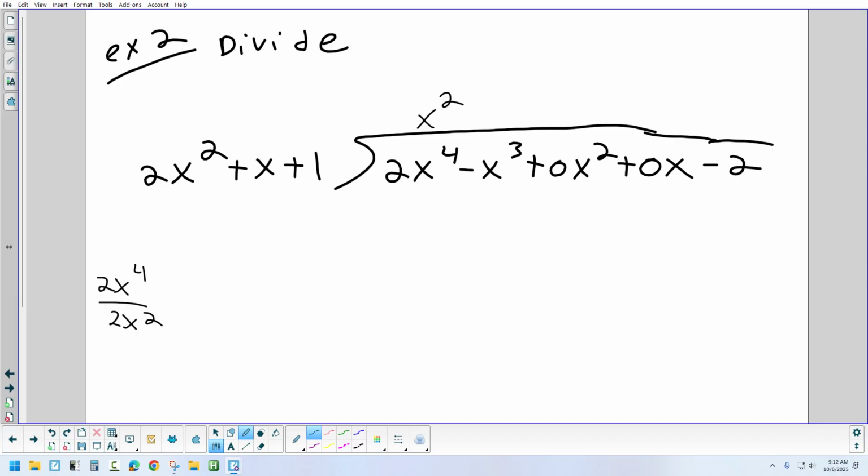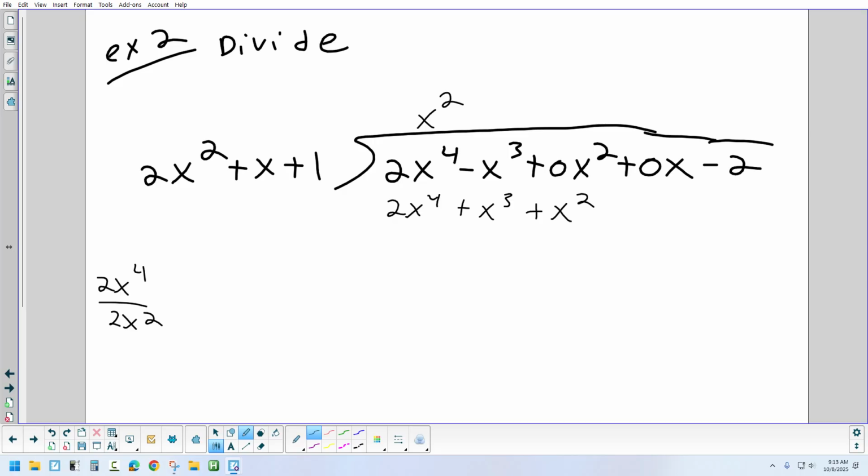What do we do with the x squared now? Jade, what do we do with that x squared? Distribute it into your divisor. Yep, I'm going to multiply it back out. So that's going to give me 2x to the 4th. It's going to give me x cubed. And then x squared times 1 is just x squared.